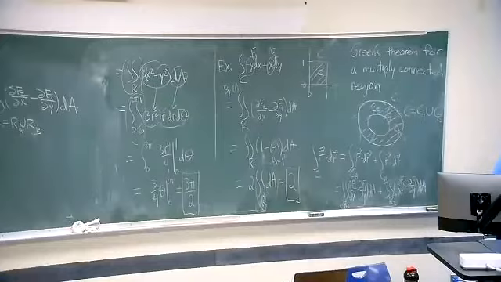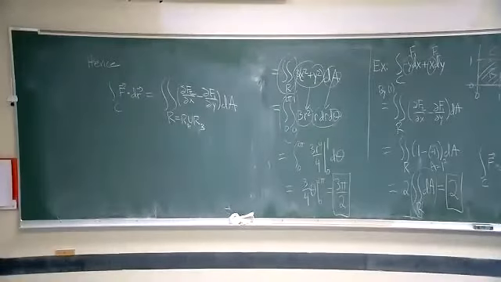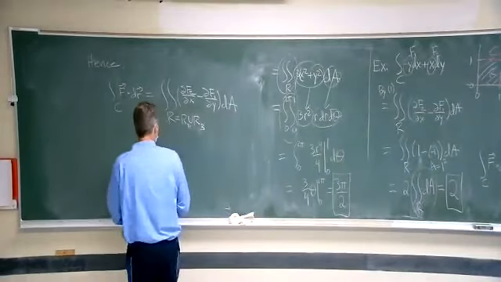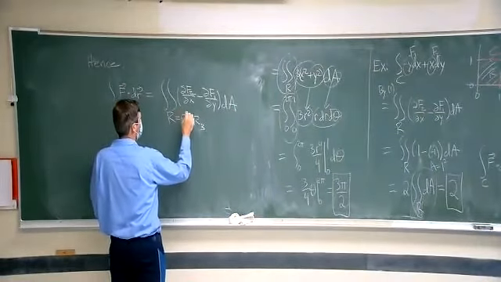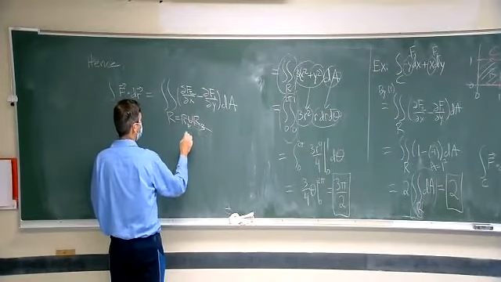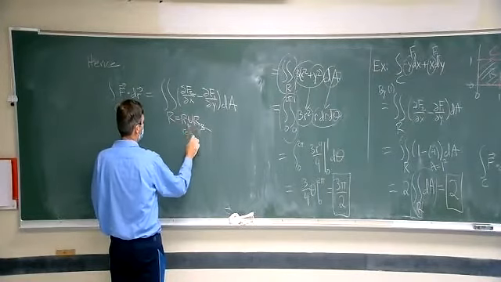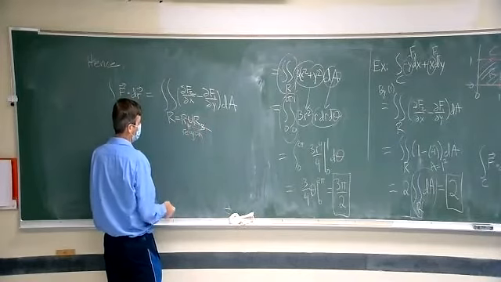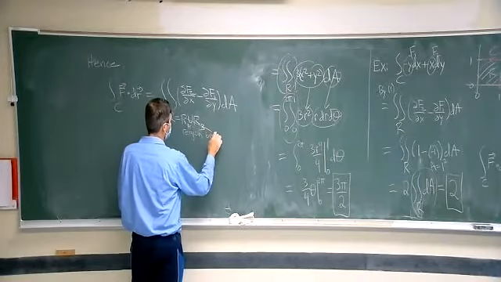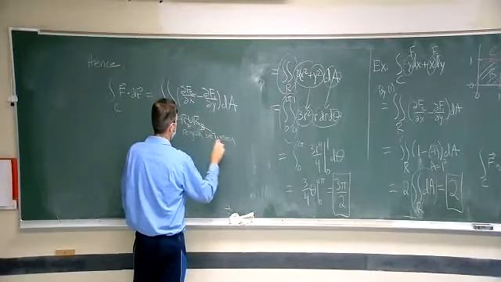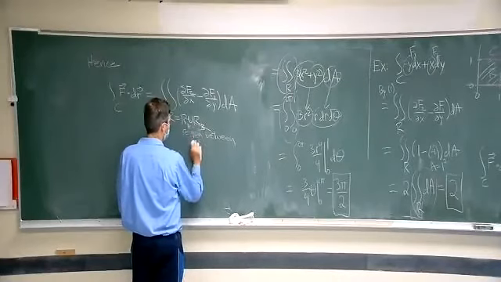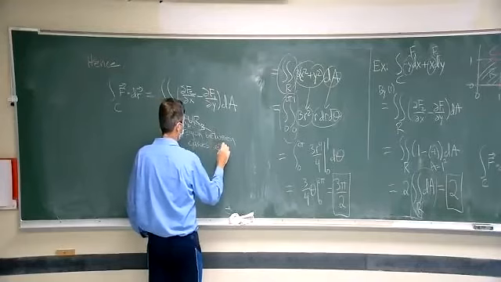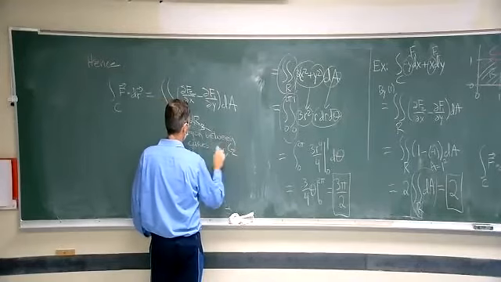All right. Scratching this out, this is just the region having a hole in it between C1 and C2 enclosed.